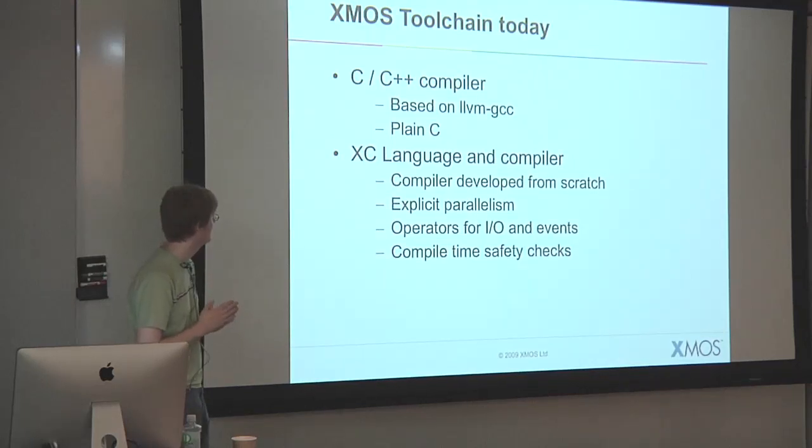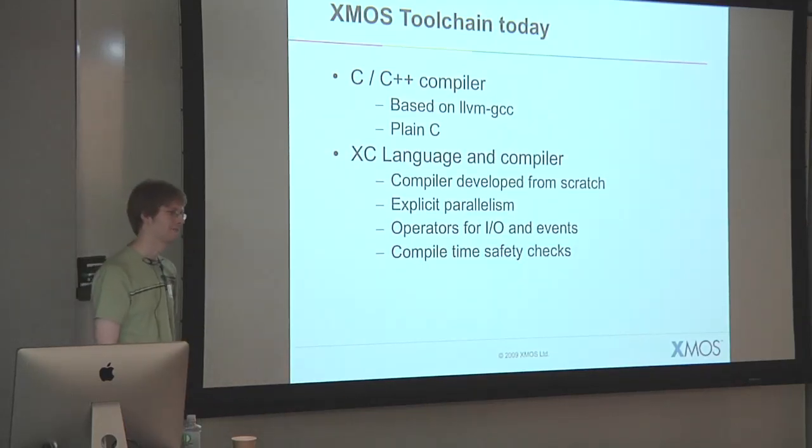In order to target the hardware features, we've got a separate language and separate compiler. So the compiler, it's the XC language. The compiler was developed from scratch, in-house, and it was developed alongside the architecture. It's got support for explicit parallelism.